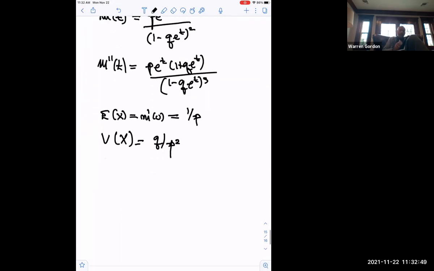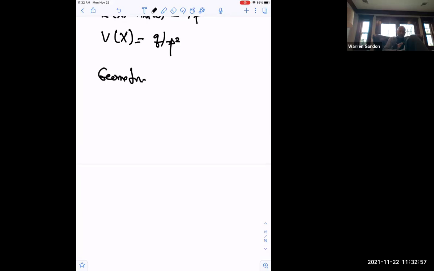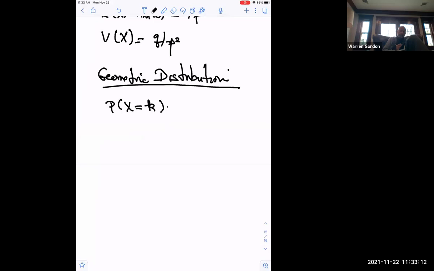So we have the geometric distribution. Let me summarize. The probability that we get our first success at time k is q to the k minus 1 times p.